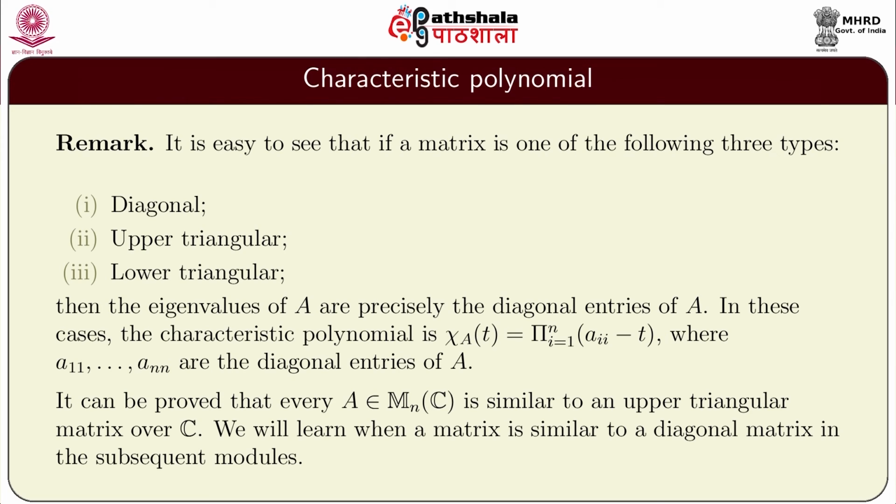Now, what is interesting is that every n cross n matrix with complex entries is similar to an upper triangular matrix over the field of complex numbers. This can be proved, but it is not true that every matrix is similar to a diagonal matrix even over the field of complex numbers.